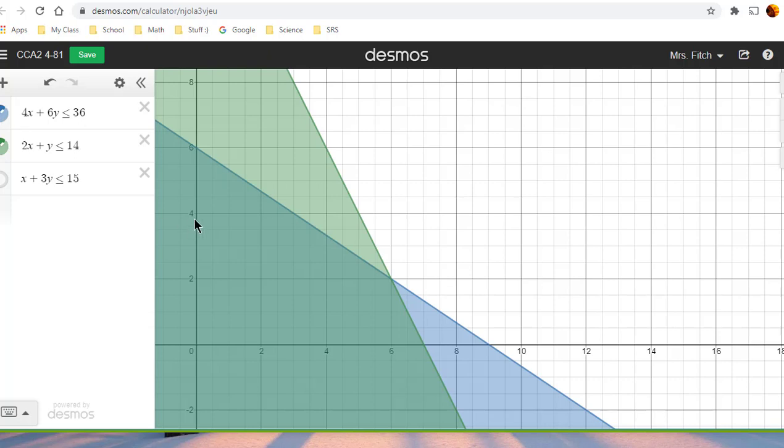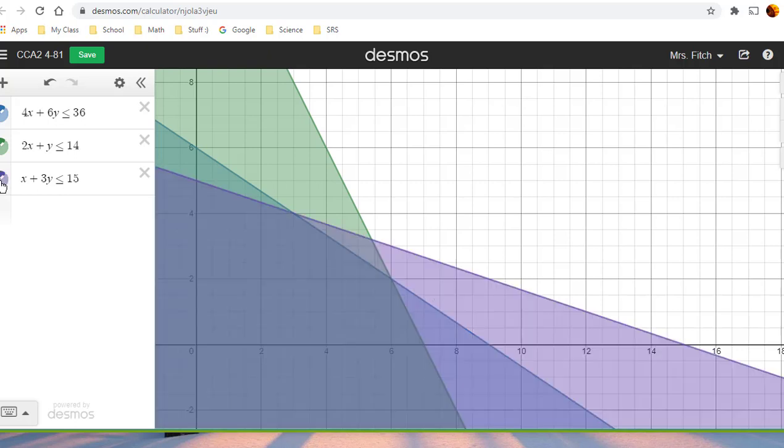Now this quadrilateral, this four-sided weird-looking shape, would be all of our feasible solutions. And then we add that third constraint, the gas tanks, and that made the area even smaller. Now we have a five-sided shape, a pentagon.